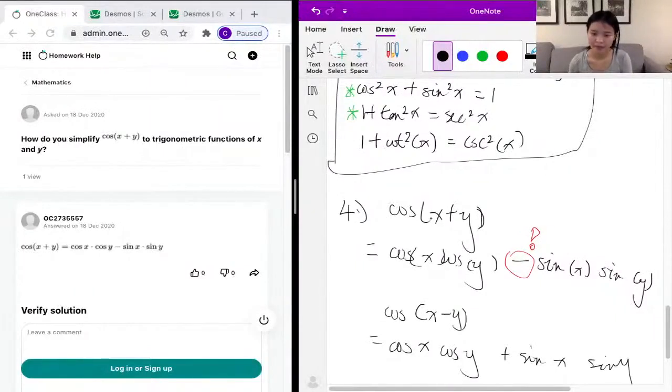But for cos(x + y), we have cos x cos y minus sin x sin y. So the sign is different for cos. But when it comes to the function sine, the two signs are actually the same as the one in the brackets.